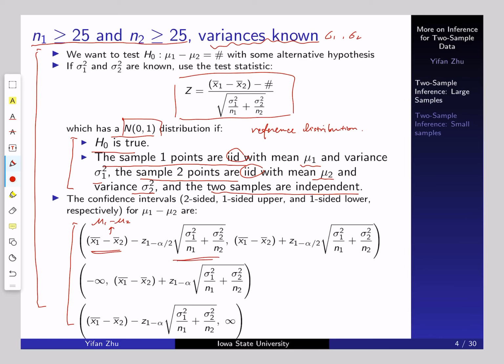And this is the standard deviation of x1 bar minus x2 bar. A z quantile is used because the reference distribution is standard normal. And again, when it is two-sided, we use 1 minus alpha over 2. And if it is one-sided, we then use 1 minus alpha.